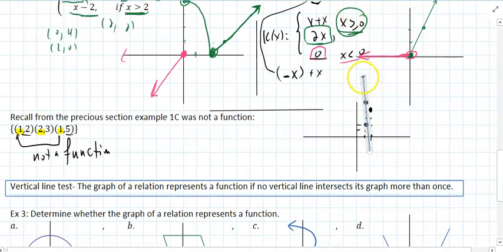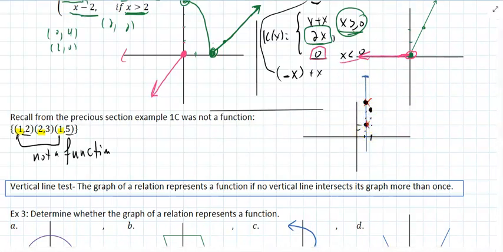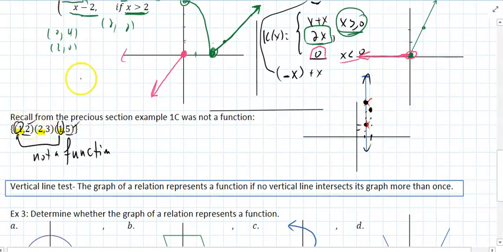At x equals 1, graphically, do you see that it crosses twice? So graphically, if I draw a vertical line and it crosses more than once, that means there are 2 different values associated with that point. That indicates it's not a function. This was example 1c from the previous section, section 2.1.